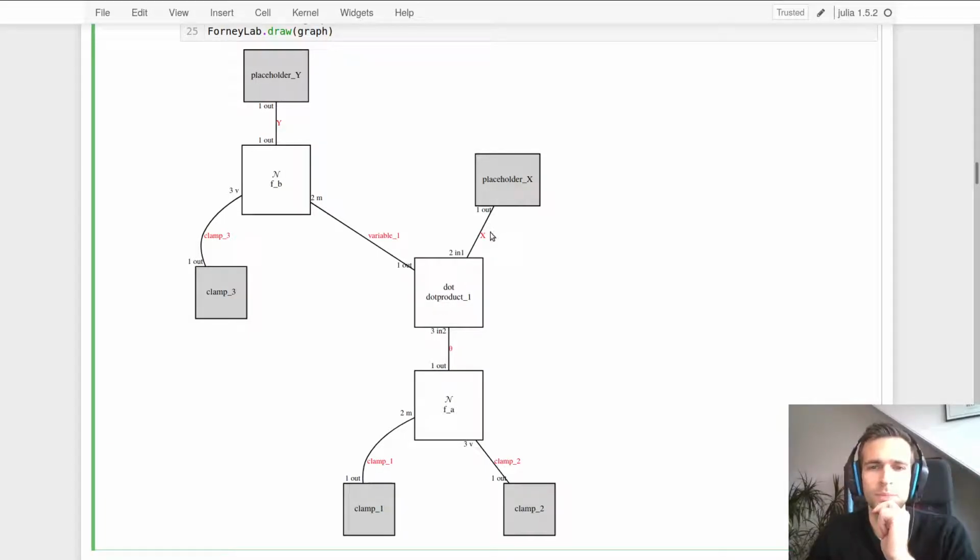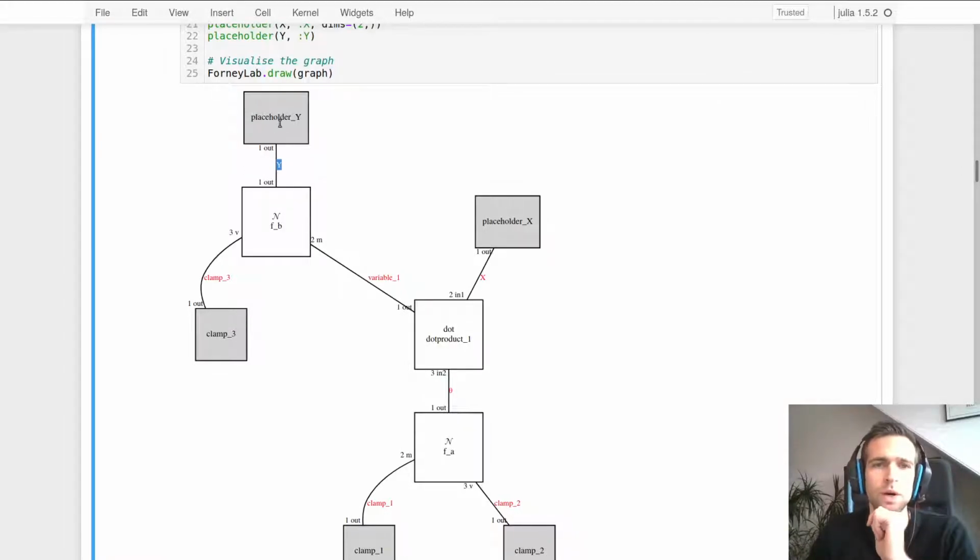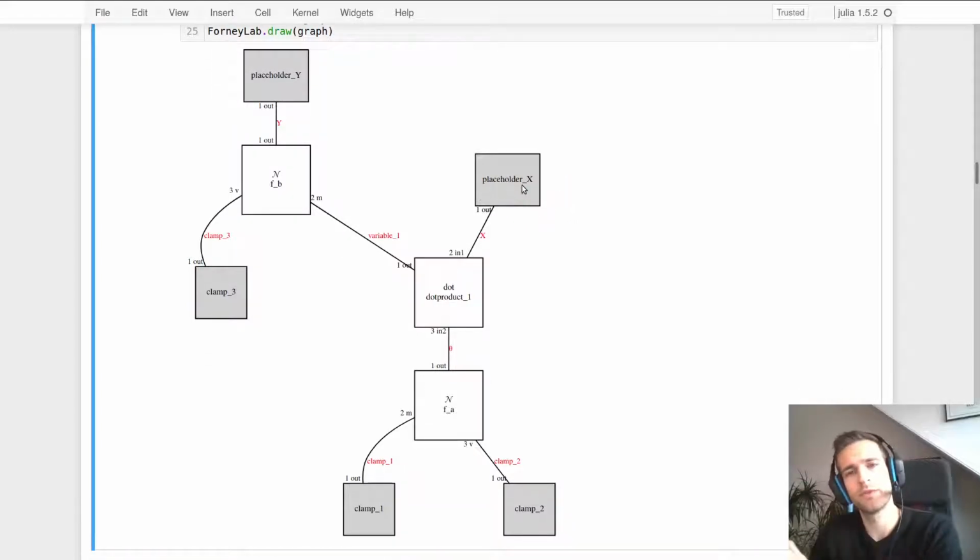Then we have the dot product between theta and x, which produces this temporary variable, variable 1, which is fed to this likelihood node f of b together with the clamped noise variance to produce the response y, which is observed. X is also observed. Remember the difference between an observed variable, where we assign a placeholder, and the parameters that we set, that we make choices for, which are deemed clamped. So we've clamped 1, 2, and 3, and placeholder x and y.